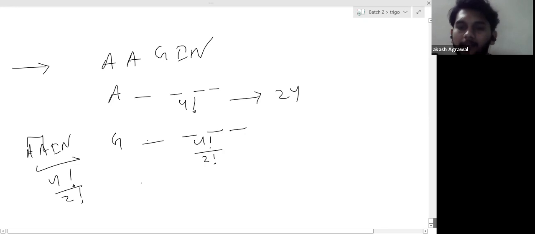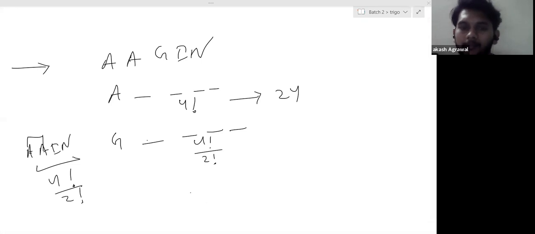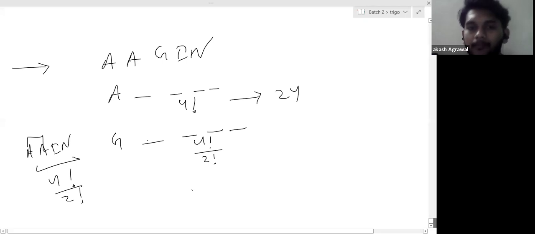Rahman, is this clear or not? Not clear. If you don't remember this, then did you revise permutation and combination? See, my name is Akash. All right.